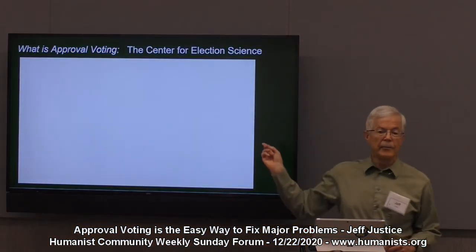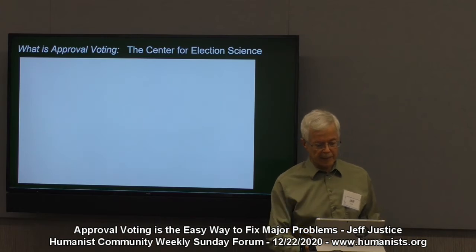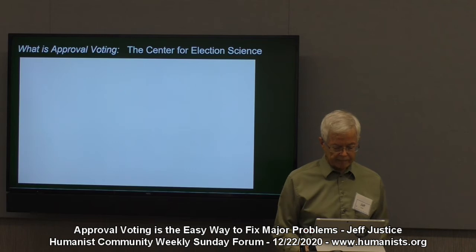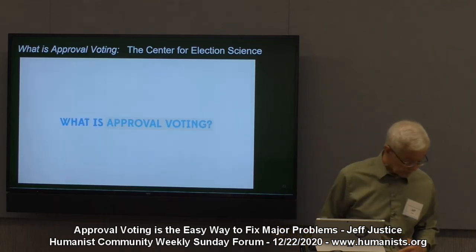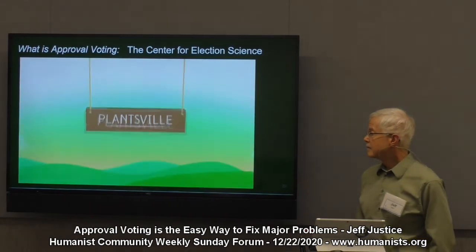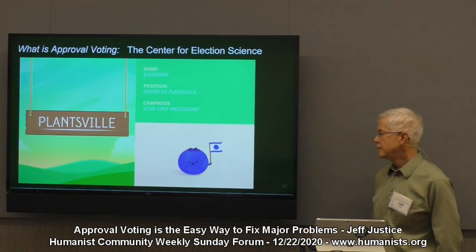So this is a 2-minute video from the Center for Election Science that explains what approval voting is. What is approval voting? Simply put, it's a better way to run an election. Let's take a trip to Plantsville. It's election time, and Mayor Blueberry is campaigning hard for a second term in office.